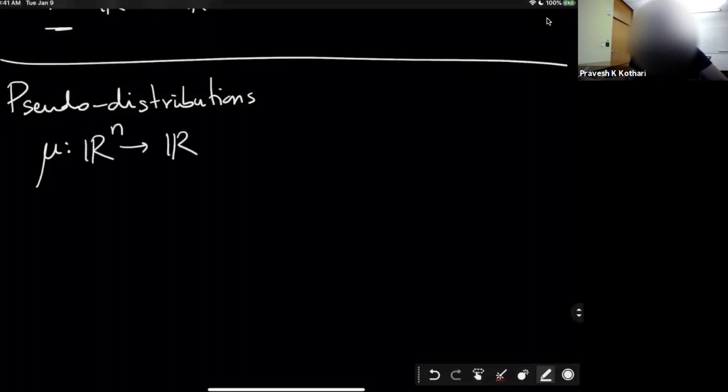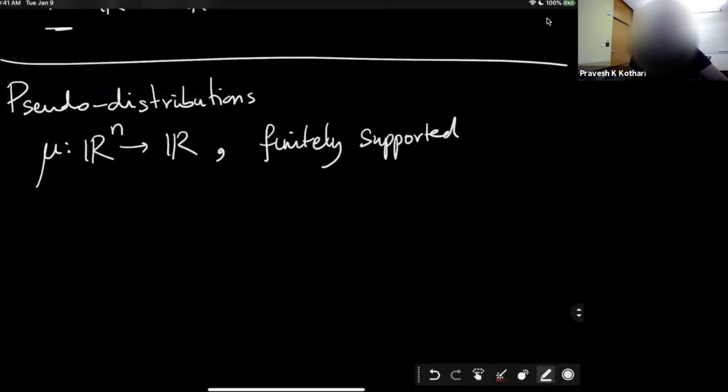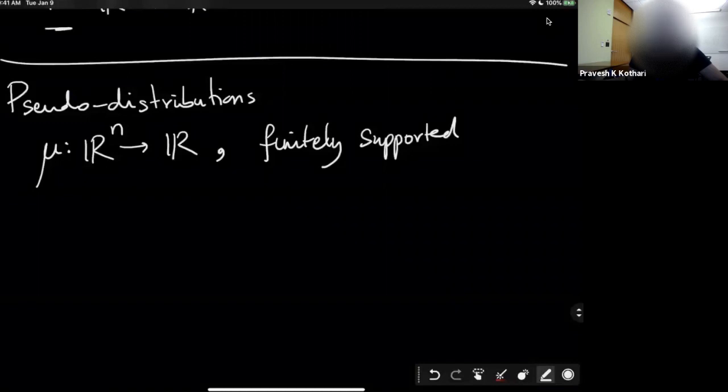And in order to avoid all measurability and convergence issues that come with dealing with continuous functions, or functions on continuous domains, I'm going to force that this is a function which is always finitely supported. So what that means is that mu is 0 on all but a finite set of points.